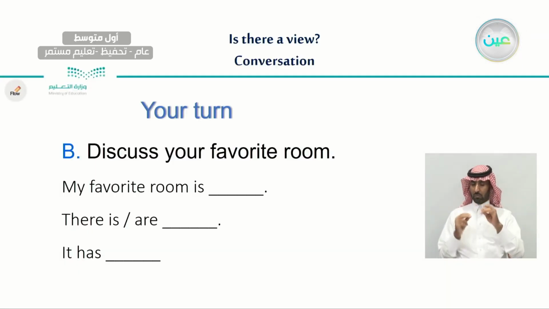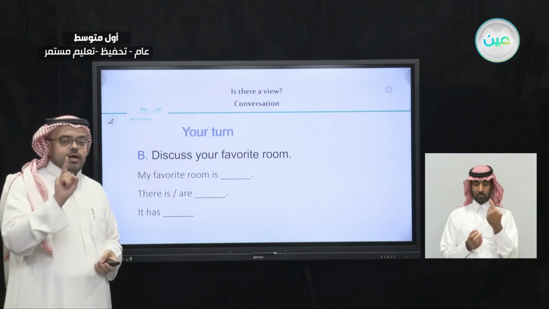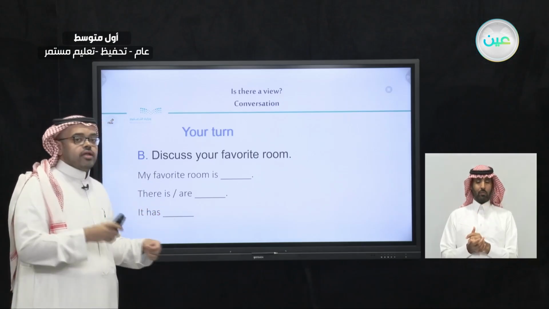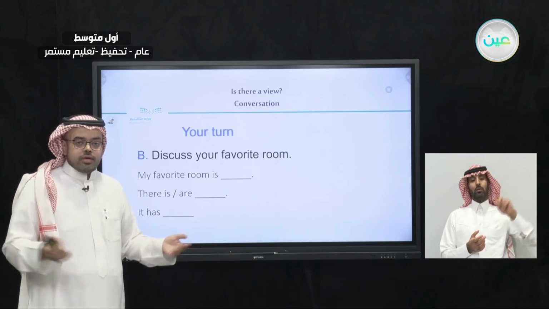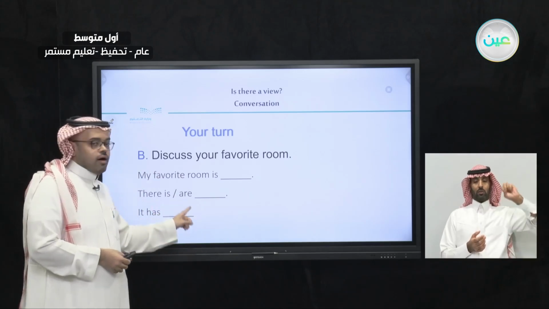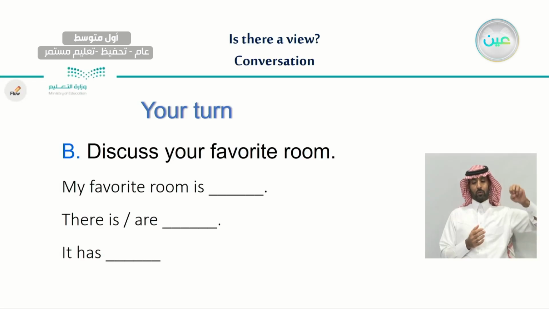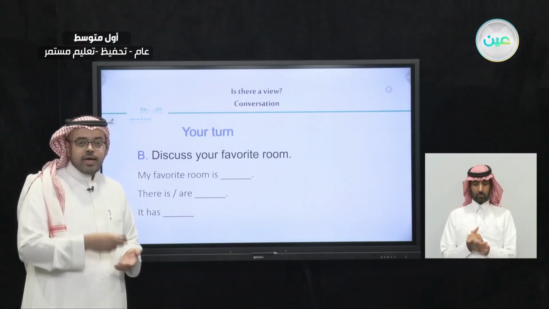And also, if there is one thing you like about your favorite room, use there is. And if there is more than one thing, you would use there are. And the last thing, just tell us what types of furniture your favorite room has.